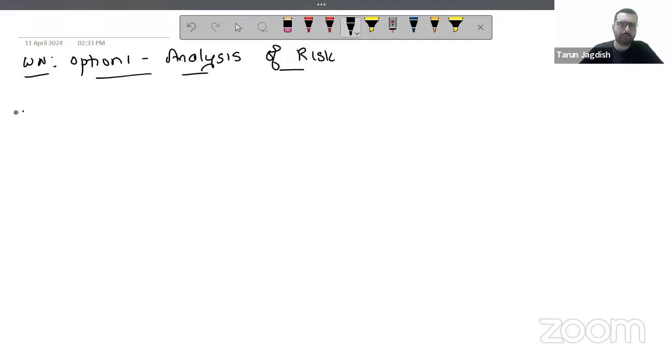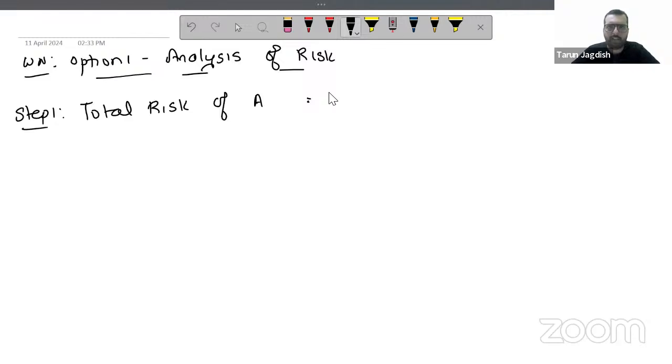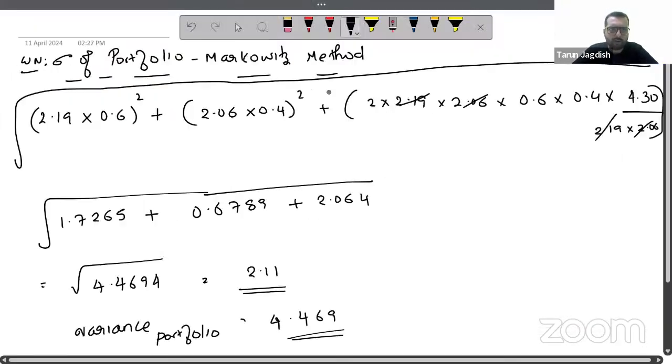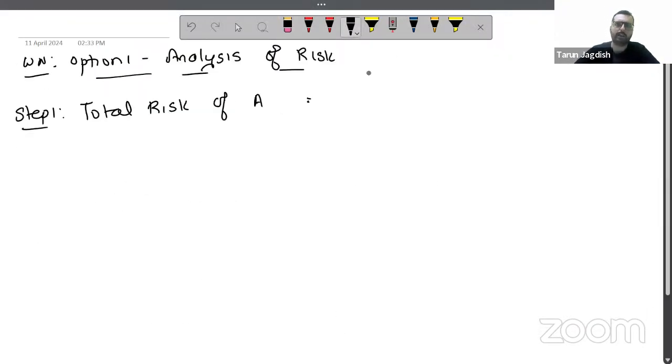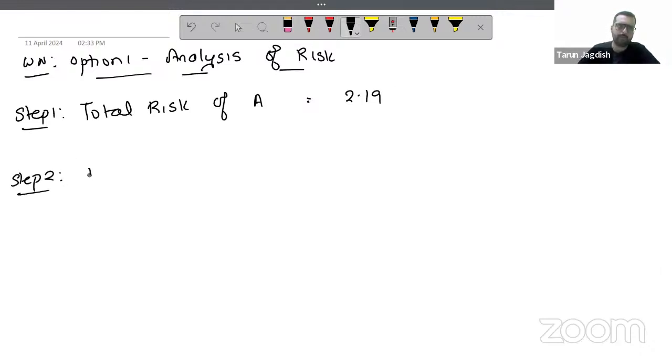So here we'll find out 3 types of risk. Step number 1 will be total risk of A. So when you're putting 100% in A, the total risk of A we already found out over here, it is 2.19. Okay. Step number 2, non-diversifiable risk of A. How do you find out that?